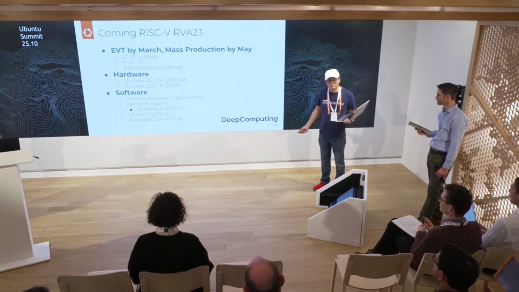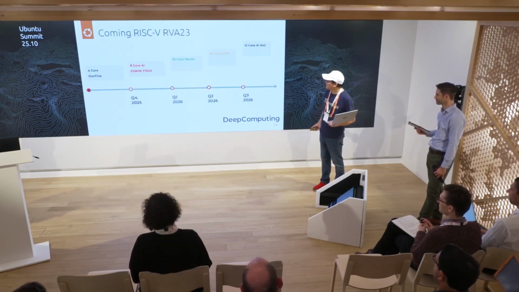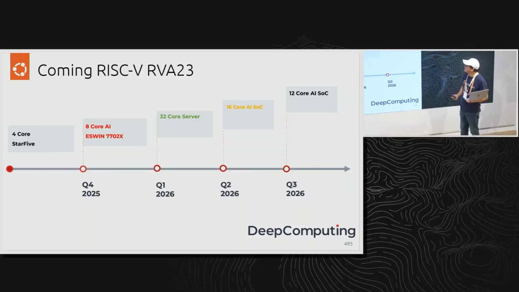And the most important, free of charge. And exciting as well, we also got a 32-core build server. So now we officially can build RISC-V on RISC-V. Same time frame, a 16-core, and then a 12-core as well. So it's very exciting, I say next year.